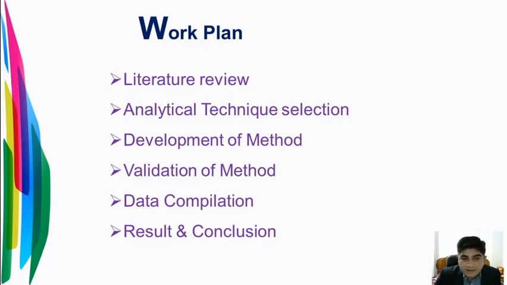After trial and error, you can develop the method. After that, you can select the validation of the method. When you have tried a lot in the development phase, then you decide to go for validation. After that, I'll compile all the data, and we can go for the results and conclude our drug.